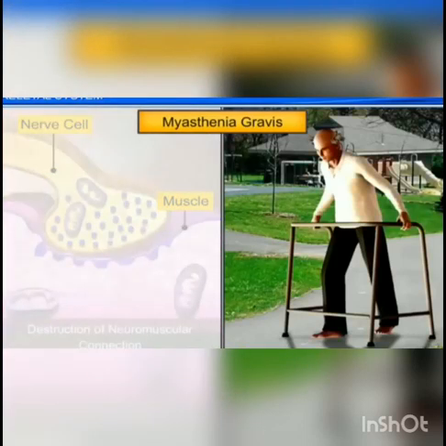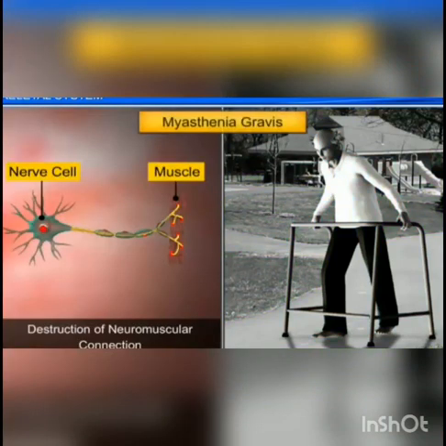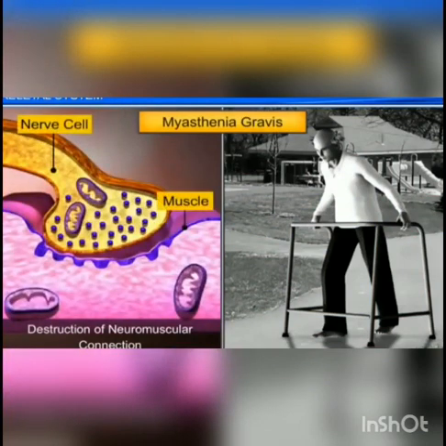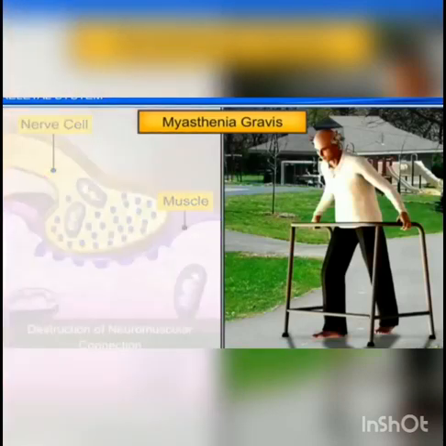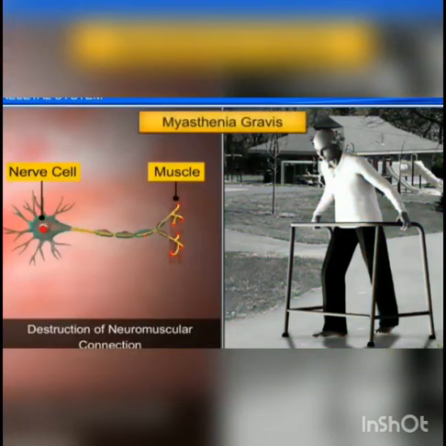Acetylcholine receptors on the sarcolemma are blocked by antibodies, leading to weakness of these muscles. When the disease progresses, it can make chewing, swallowing, talking, and even breathing difficult. Myasthenia gravis is an autoimmune disorder affecting the action of acetylcholine in the neuromuscular junction.